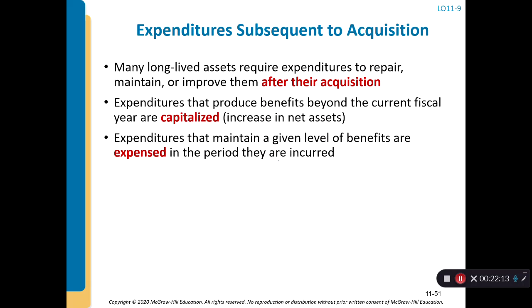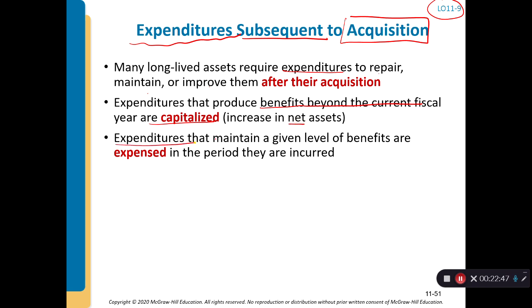Now I want to talk about learning objective 9, the second part of this lecture: how do we deal with expenditures that happen subsequent to acquisition? Many long-lived assets require expenditures to repair, maintain, or improve them after their acquisition. Expenditures that produce benefits beyond the current fiscal year should be capitalized; in other words, we want to increase the net asset.